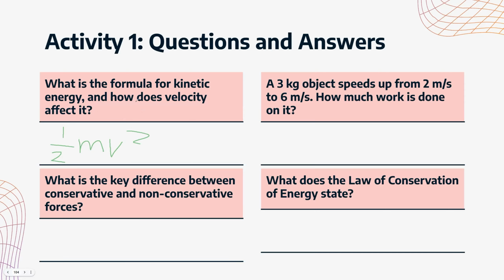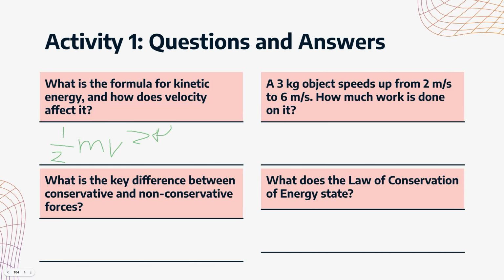How does velocity affect it? If you notice, velocity is squared in this equation. So as speed goes up, kinetic energy increases by an exponential factor. So speed matters more than mass for kinetic energy. That's how you can think of it.